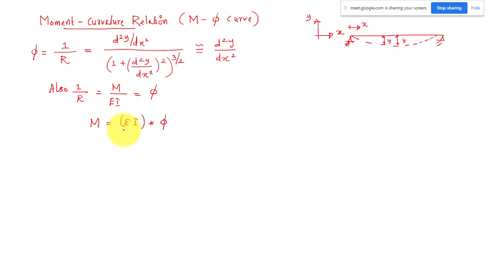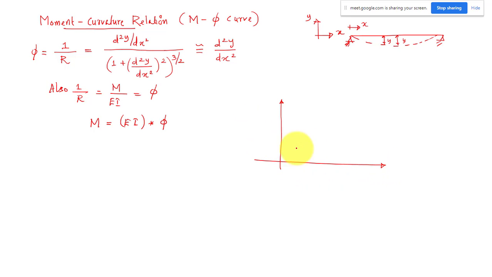So what is EI? EI is a constant, especially when your structure is in the linear elastic region. Moment of inertia is a constant for a section, and E is the Young's modulus, that is also a constant. That is why I can draw a graph, something like a stress strain relation or load deformation curve.